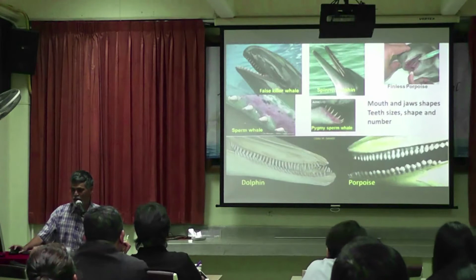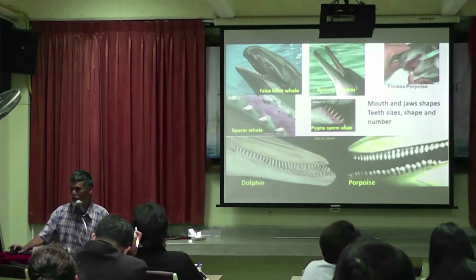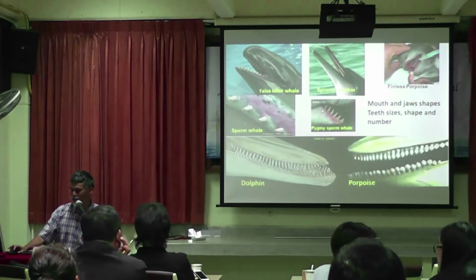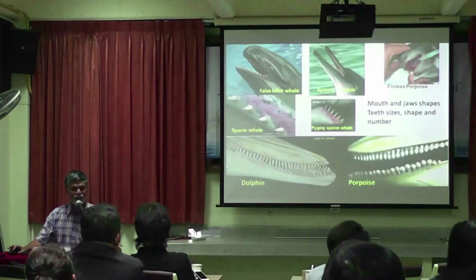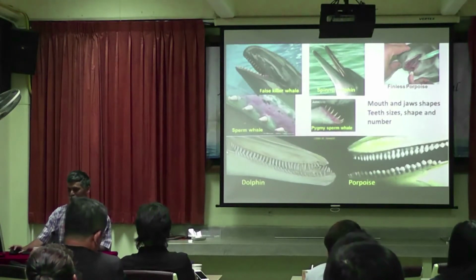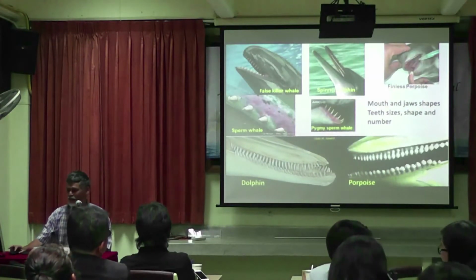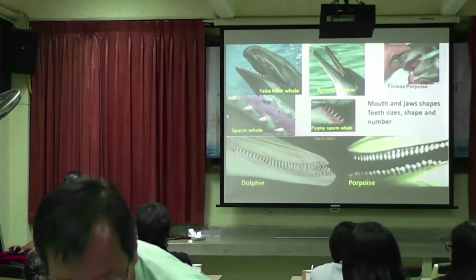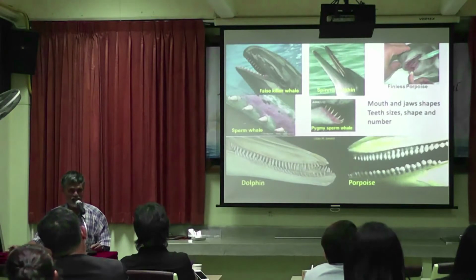And the pygmy sperm whale has different teeth. Also the killer whale and spinner dolphin have different numbers of teeth. So the teeth, dorsal fin and jaw characters are used for identification. Firstly, when you see the animal, their head and their mouth will be good identification features, including for fish and birds.